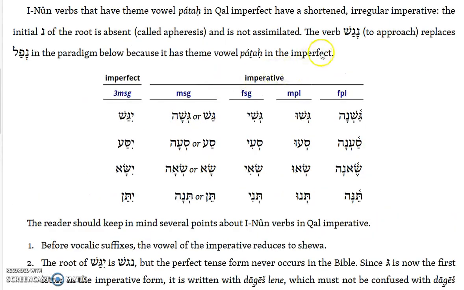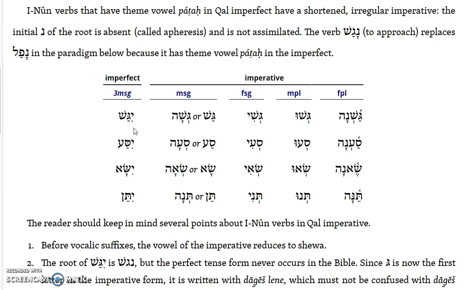Take, for example, the verb nagash, to approach. The imperfect, he will approach, is yiggash, where the nun has assimilated. Originally it should have been yingash. It would be better for us to take actually the second masculine singular imperfect, and that would be tiggash with a tav.